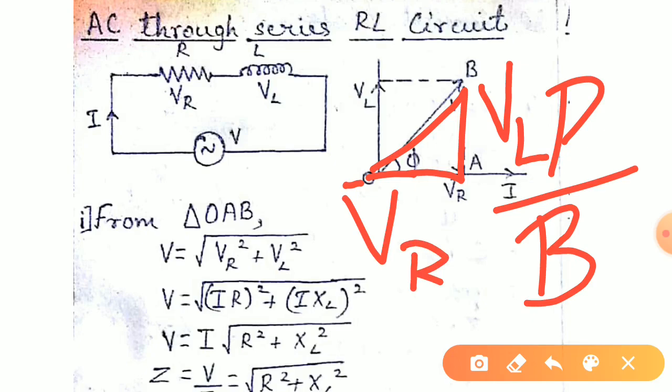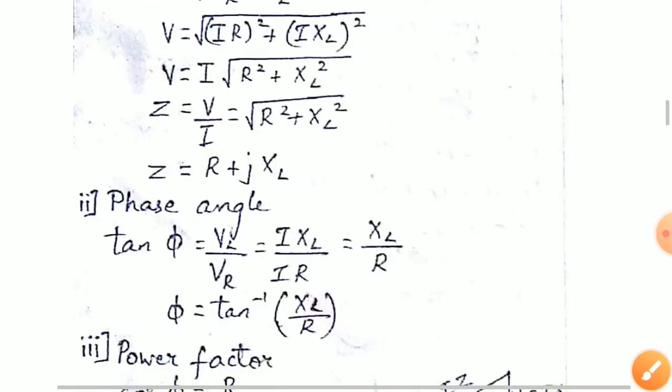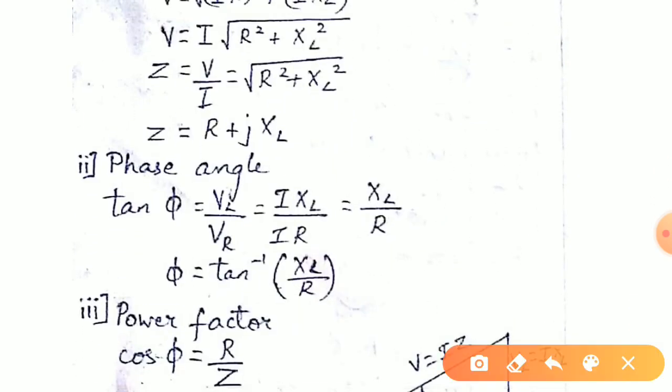Now tan phi is equal to VL by VR. VL value is I into XL while VR is I into R. If we substitute these values, then I cancels from numerator and denominator. We have phi as tan inverse XL by R.